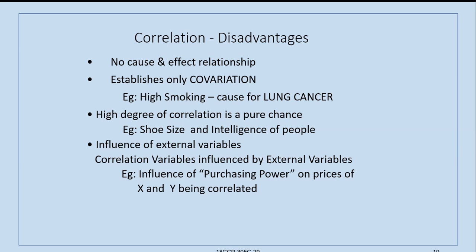Pure chance means it may happen or it may not happen. That is shoe size and intelligence of people. So many people believe that the shape of the foot is an indicator of the intelligence of a person. That is not at all proved correctly, but people say.